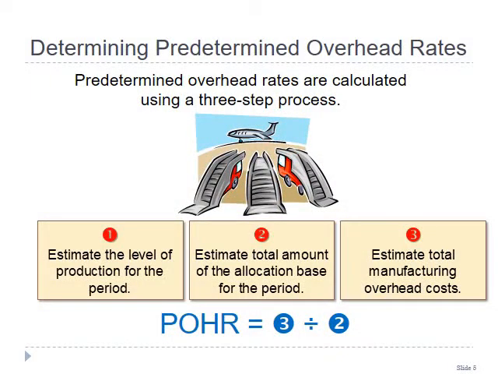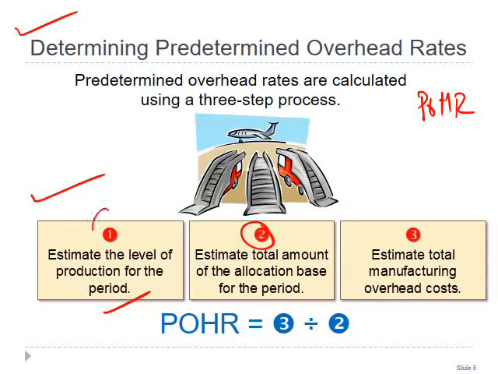Now, as I told you what is POHR, how do we determine the predetermined overhead rate? It's a three-step process. First, we must estimate the level of production for the period.